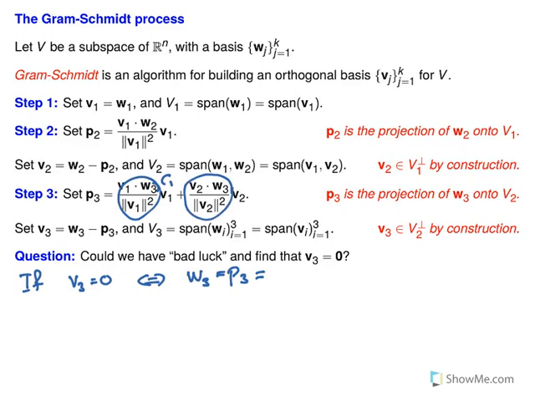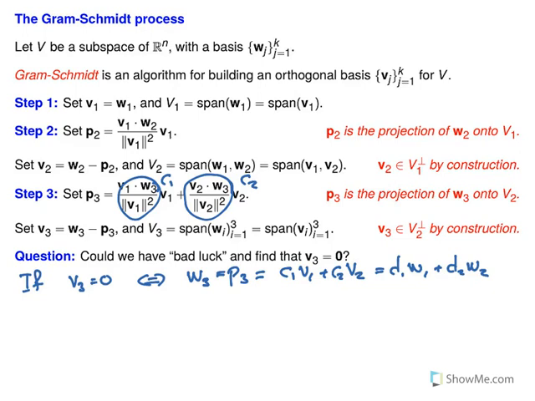If we set those coefficients to be C1 and C2, then this is C1 V1 plus C2 V2. And V1 and V2 span the same space as W1 and W2. So there are some coefficients D1 and D2 so that I could write this as a linear combination of W1 and W2. I hope that step was clear, because V1 and V2 span the same space as W1 and W2.